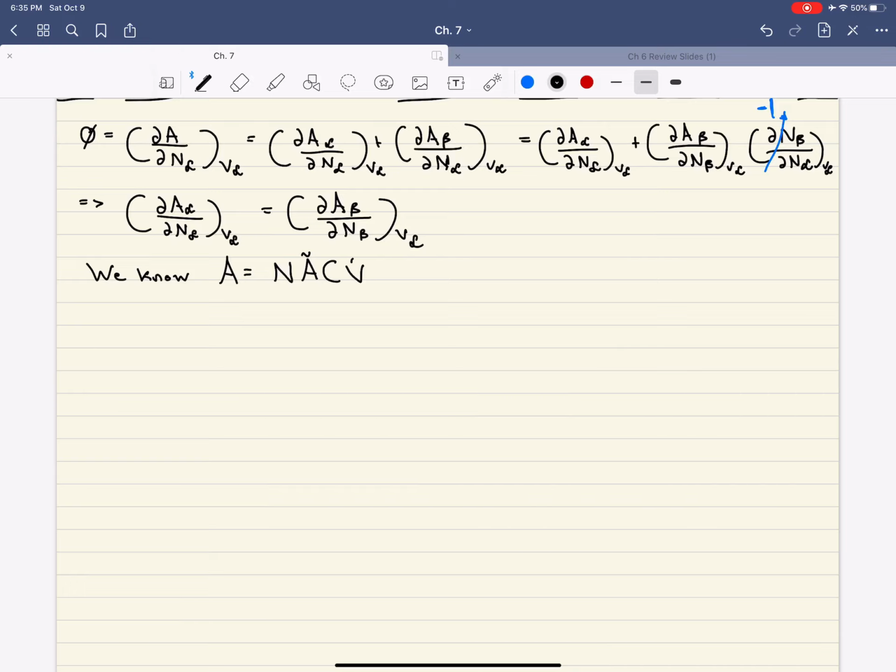And this A squiggly would be a function of the molar volume and the temperature. All right? So what I want to highlight here is that regular A is an extensive variable, while squiggly A is an intensive variable. Okay. And this molar volume, we could also just rewrite as total volume divided by N, and T here. Right? And so remember, we were dealing with a constant NVT system here.